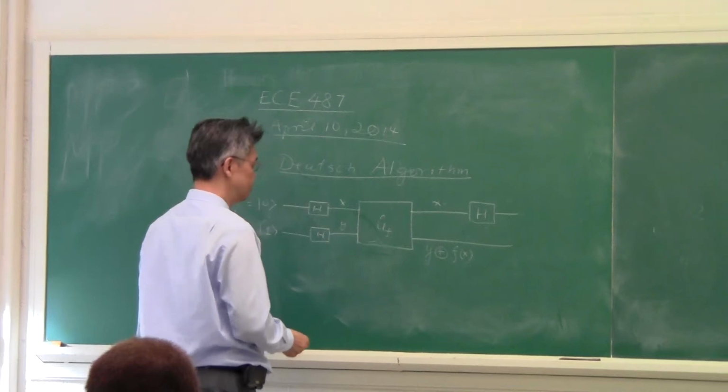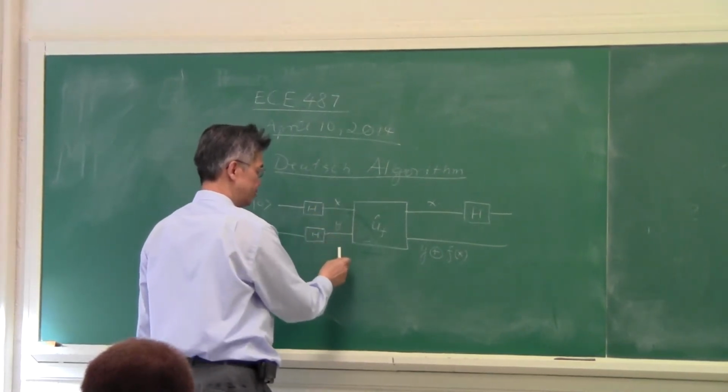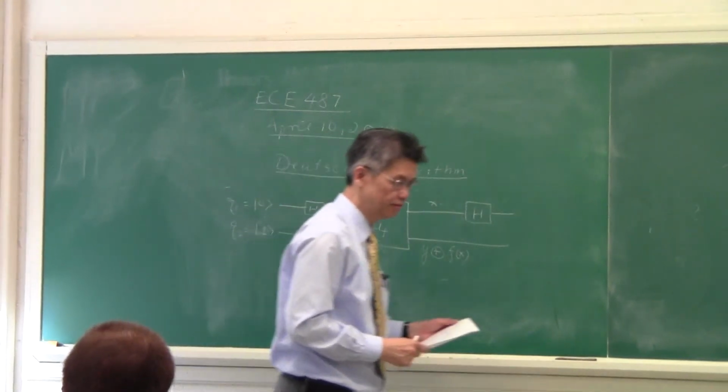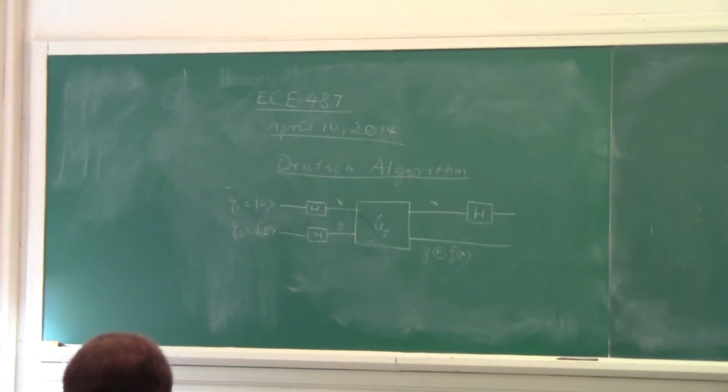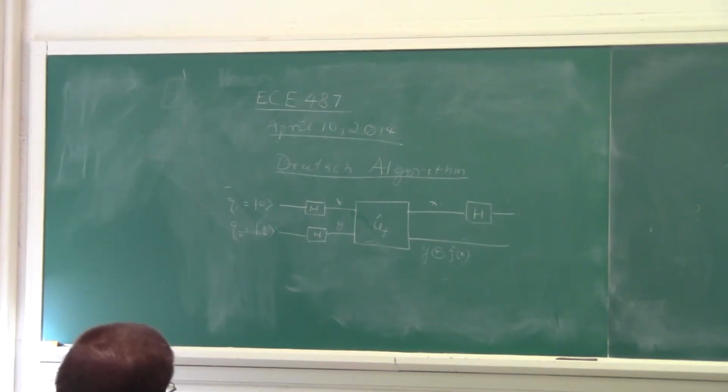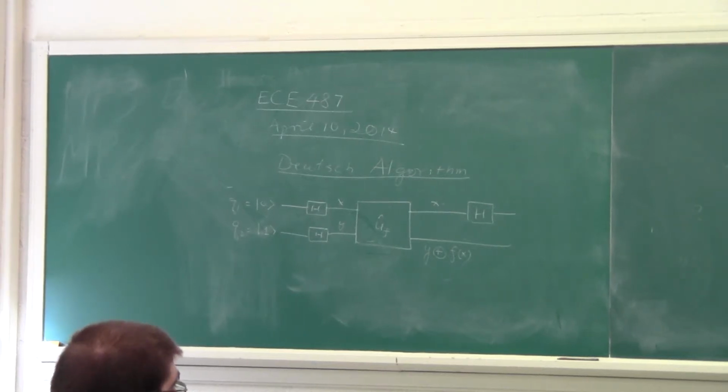The key thing to this Deutsch algorithm is actually this part over here. Okay, this part over here, and it's further elaborated in this book. If you read this book by Nielsen, it has a lot of examples. Lots of things on quantum information and quantum computation.